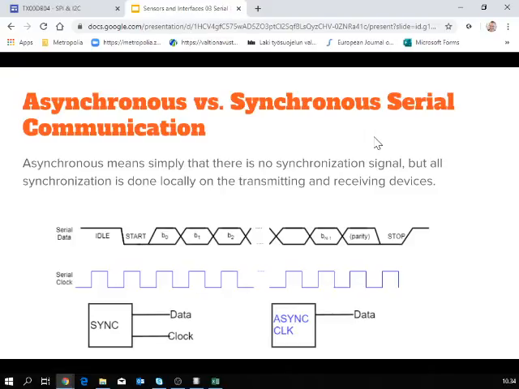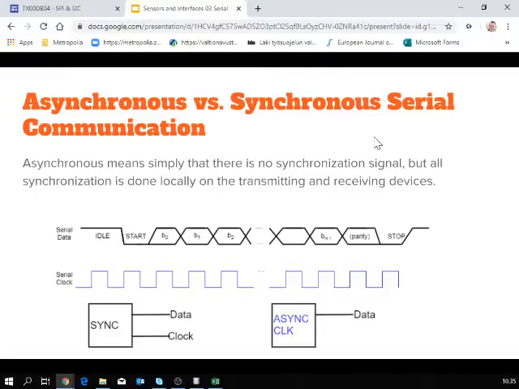So, about serial communication overall. Serial communication can actually be divided into two categories. One is asynchronous, where you basically have only the data line, which means that the synchronization is done locally, so both the sending and receiving device should know exactly what the clock rate of the data transfer is.